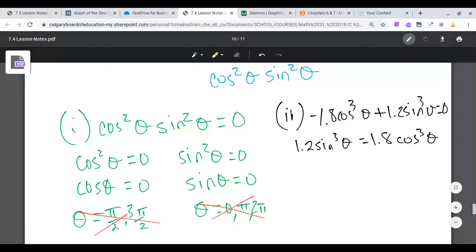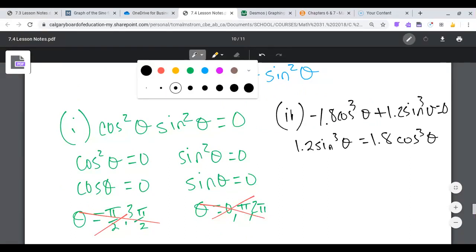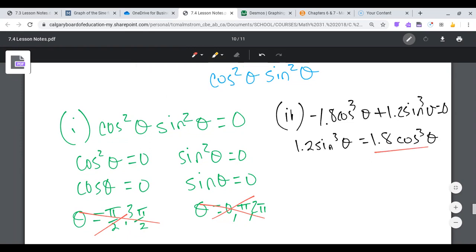And then if I divide by the cos cubed to the other side, the purpose behind that is that I'm going to build myself a tan function here. Sorry, I don't want to take the 1.8 with me, just the cos.